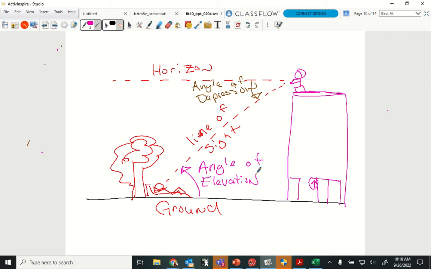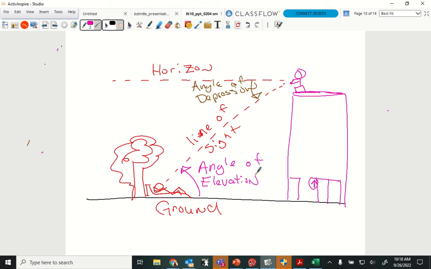So, if you notice right here, again, ground and horizon are parallel. If you guys remember back in geometry, parallel lines, this is a transversal. These are alternate interior angles. Angle of depression is going to be congruent to angle of elevation. These two angles are the same value.